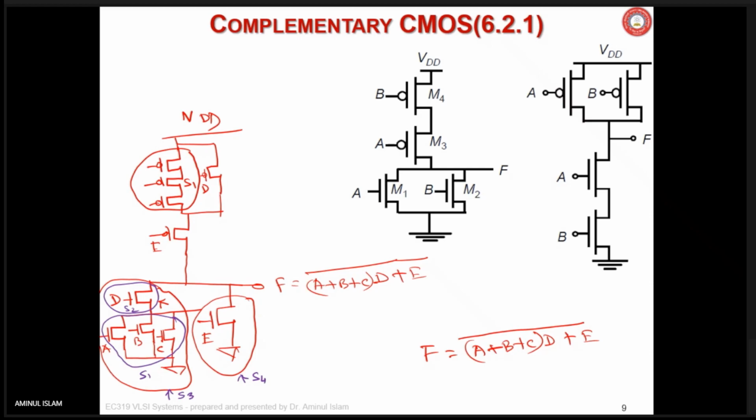Okay. See, once upon a time, maybe 5 or 6 years back, I set a question to draw the full adder circuit, and students did it in a different way, and that question was evaluated by some other teacher, and he gave less marks.